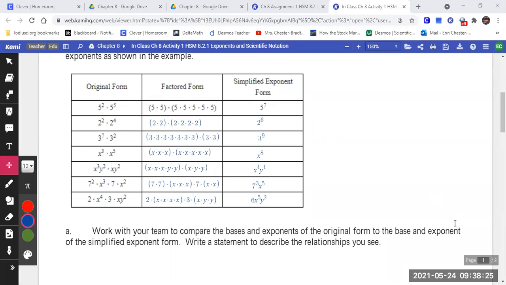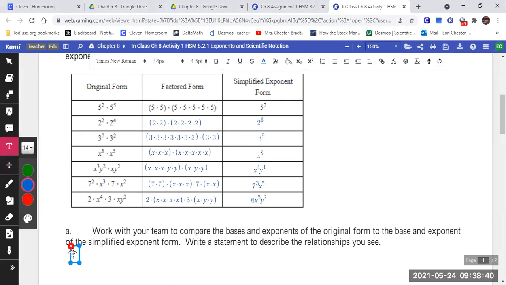They got added together. Yeah, because when you spread it out, you were able to see, oh, there's really 7 of them. Okay. Oh, there's really 9 of them. Okay, so sentence answer. The bases of the original and simplified form are the same.